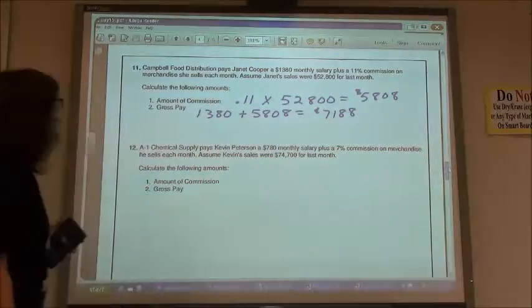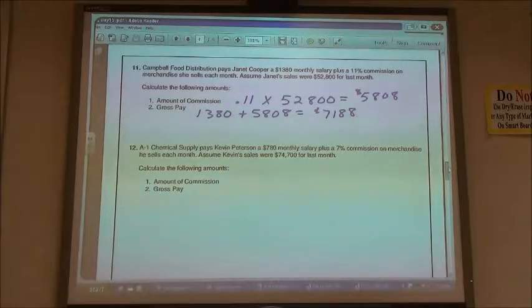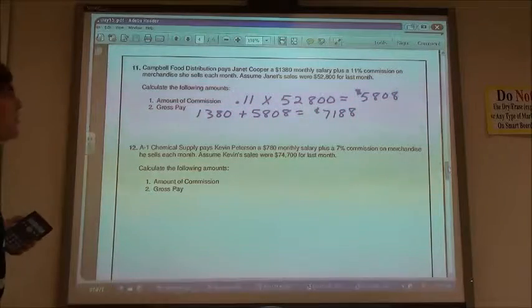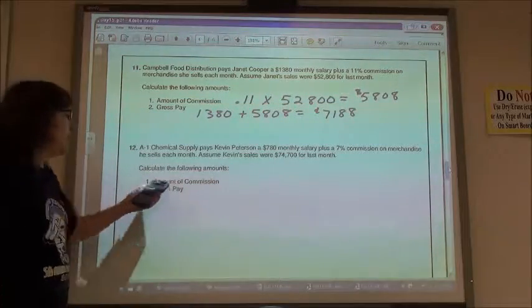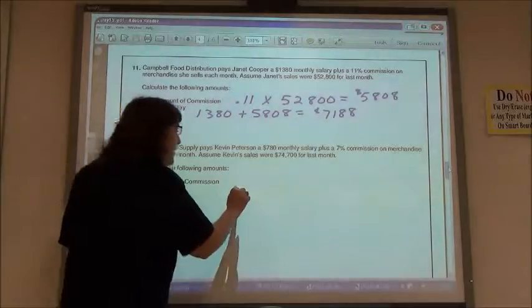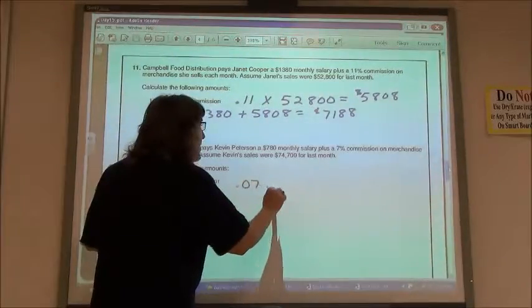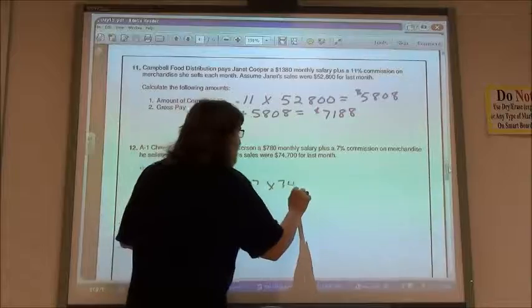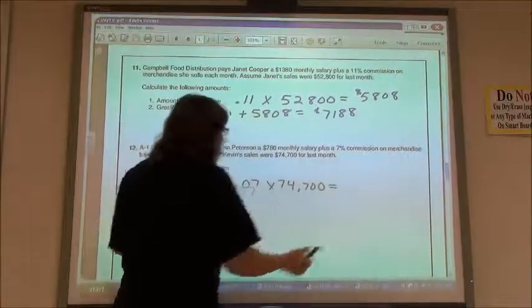And number 12, A1 Chemical Supply pays Kevin Peterson a $780 monthly salary plus a 7% commission on all merchandise he sells. Assume Kevin sells for $74,700 for last month. So the amount of his commission, he gets 7%, 0.07 times his sales, $74,700.